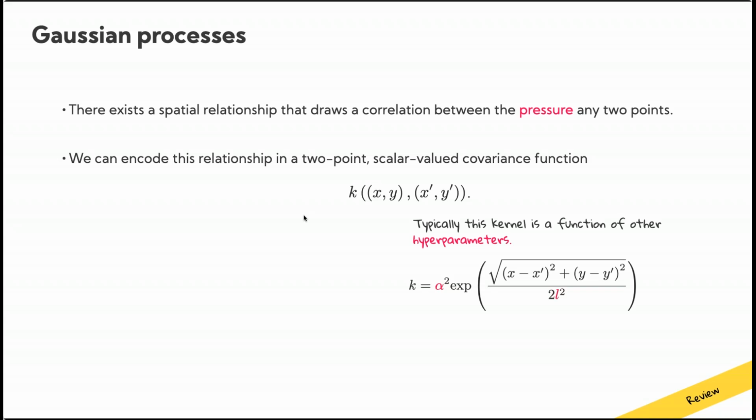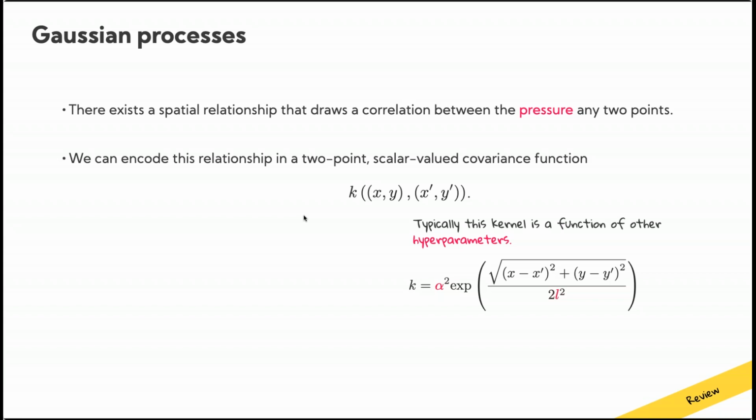So we think of this in the Gaussian process parlance as a kernel function that is characterized by some hyperparameters. So in addition to being functions of x, x prime, y, y prime, and the primes here basically denote the other point, we have a kernel function that characterizes the relationship, and that kernel function in itself is parameterized by certain quote-unquote hyperparameters.